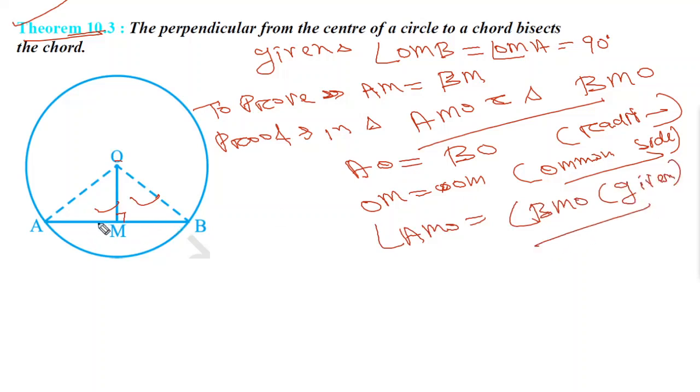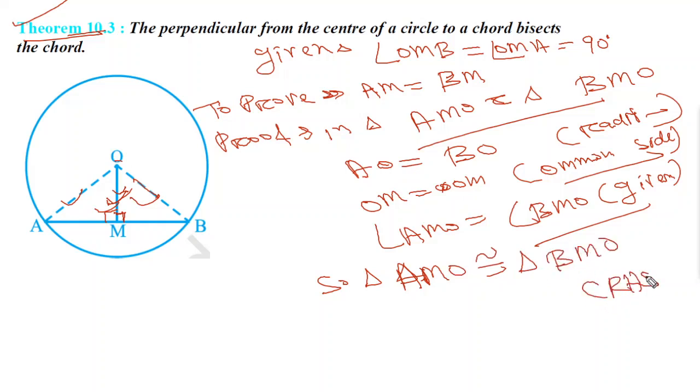Therefore, you can see right angle, hypotenuse and one side of one triangle is equal to right angle, hypotenuse and one side of the other. So you can write, triangle AMO will be congruent to triangle BMO, and the reason is RHS, or right angle hypotenuse side.